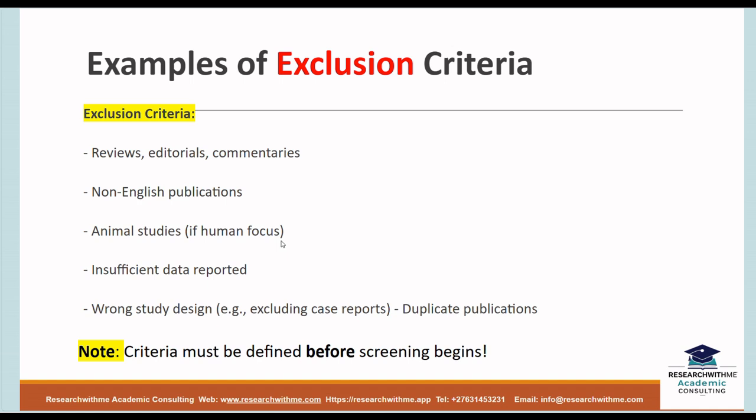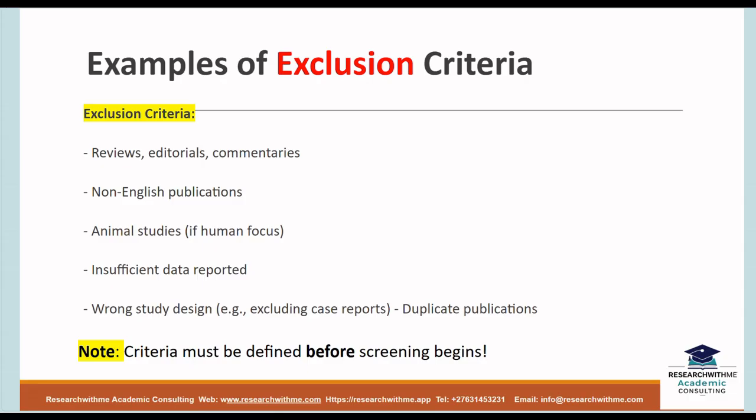What about exclusion criteria? Some of the exclusion criteria might be, okay, we don't want to include reviews in this study. If you are doing meta-analysis, you cannot include reviews. You cannot include editorials. You cannot include commentaries. All right? Then you can say, we don't want studies that are not in English language.